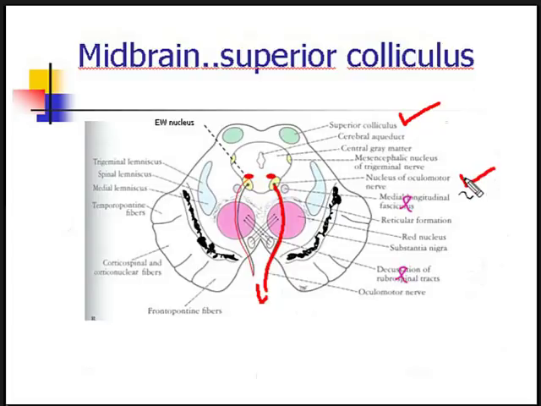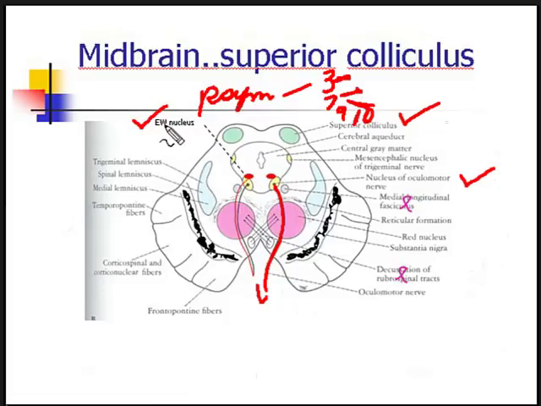With the oculomotor, this red one here is the Edinger-Westphal nucleus. This is the parasympathetic. Remember, the parasympathetic went with the 3rd, the 7th, the 9th, and the 10th. We saw the parasympathetic of the 9th and the 10th in the medulla. The 7th, those lacrimatory and salivatory, we saw in the pons. Now this is in the midbrain, and the nucleus which belongs to the parasympathetic part is called Edinger-Westphal.